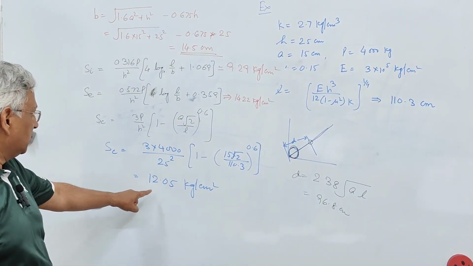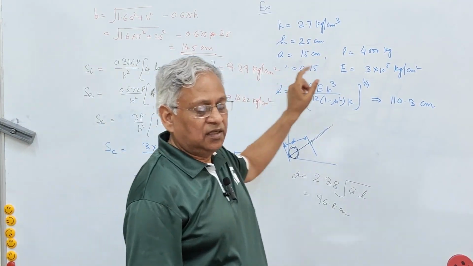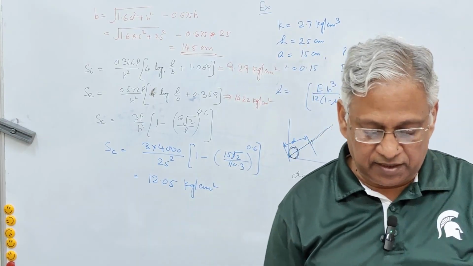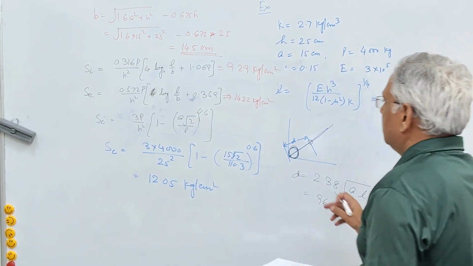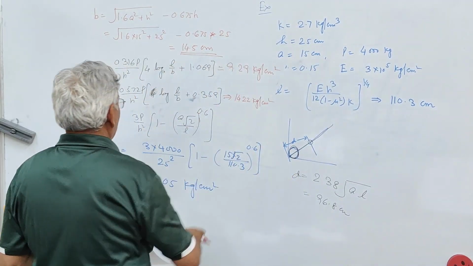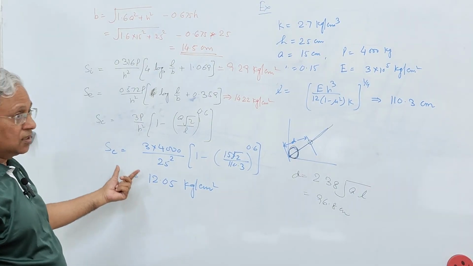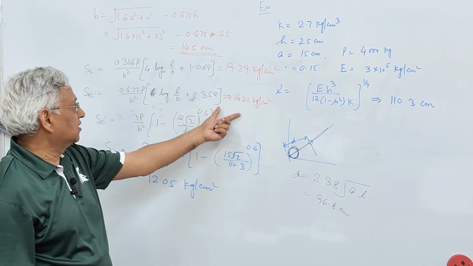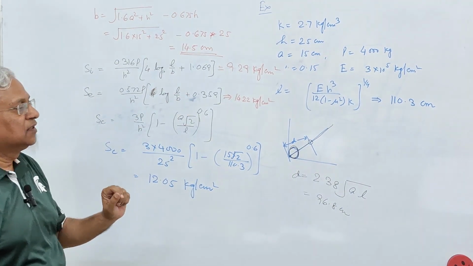That is the corner stress, edge stress, interior stress. Now, if you look at these values here, you will find that this SE is the highest of all the three. Corner loading or corner stress is less than edge stress, and edge stress is more than both of these.